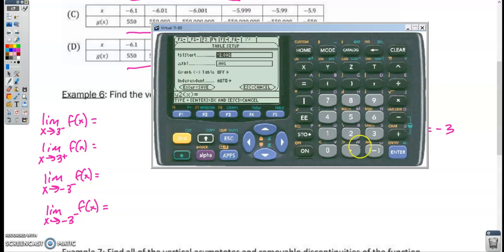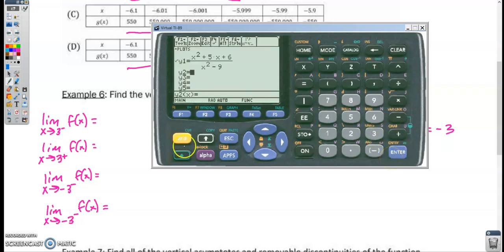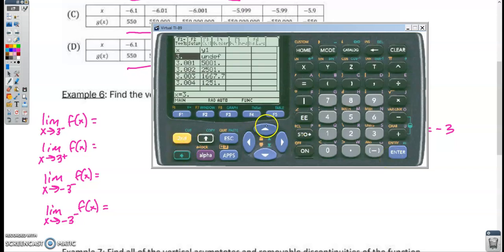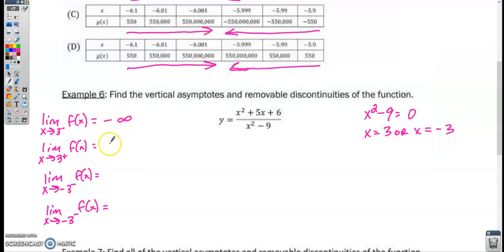And we set up our table around 3. And look at our table. And from the left, we're approaching -infinity, and from the right, we're approaching +infinity. So that tells us we're going to have an asymptote at x equals 3.